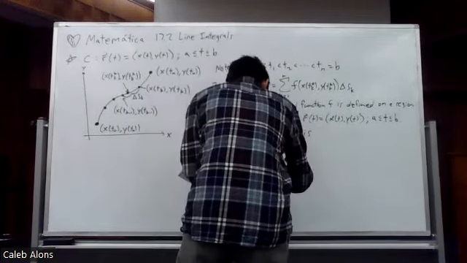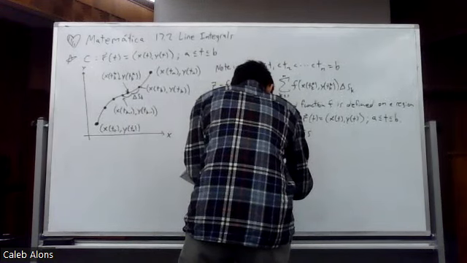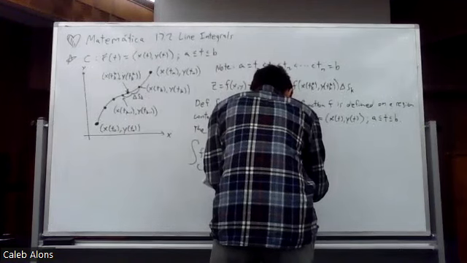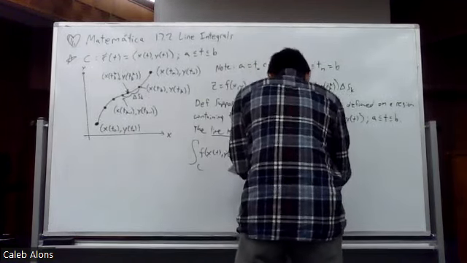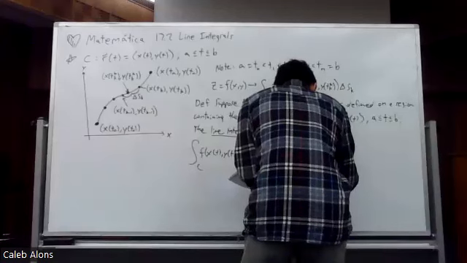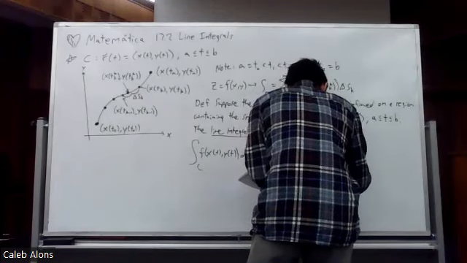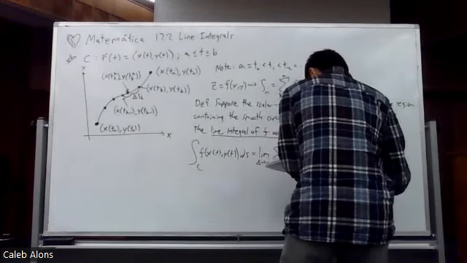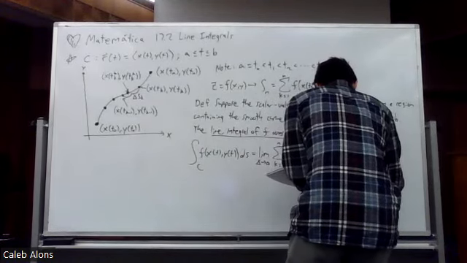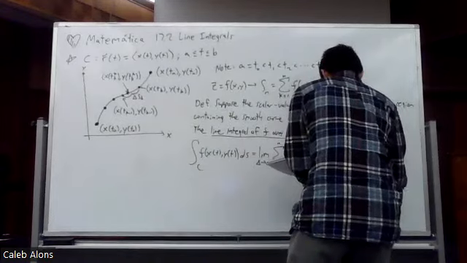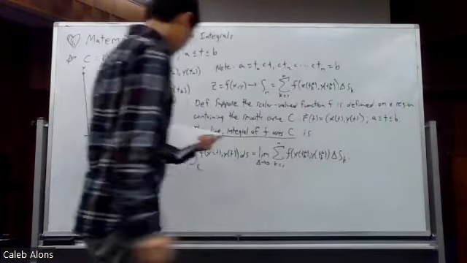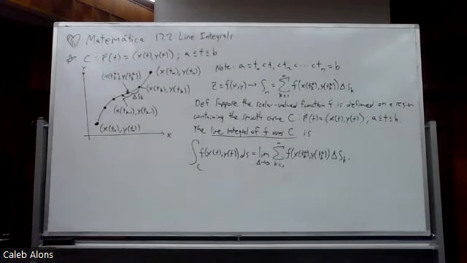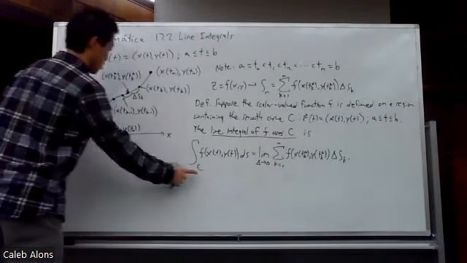And this will be the limit as the size of the partitions goes to 0 of the summation we just talked about: k equals 1 to n of f of x of tk star, y of tk star, delta s k. Provided this limit exists, and if this limit exists, then we consider the function f to be integrable over the curve C.